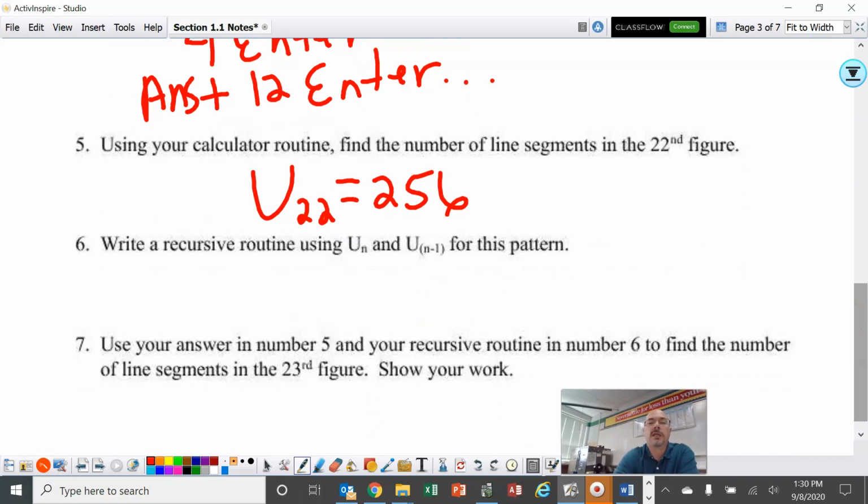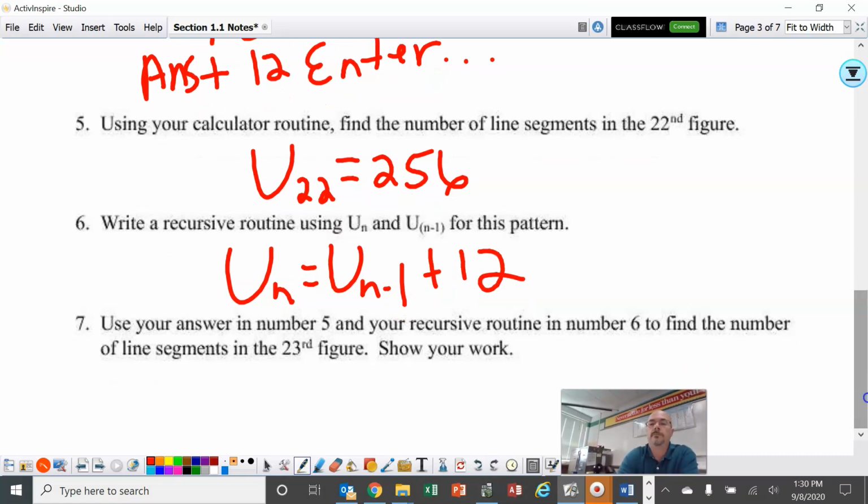Write a recursive routine. All right, here we go. U sub n equals U sub n minus 1 plus 12. Use the answer in number 5 in your recursive routine in number 6. So what's the 23rd figure? This is what I do.